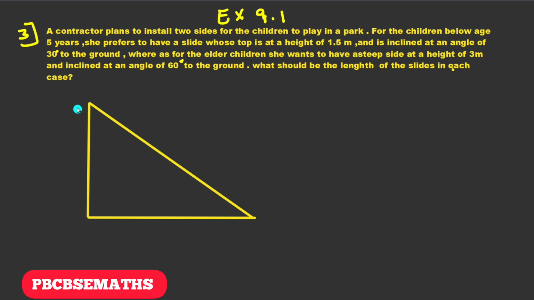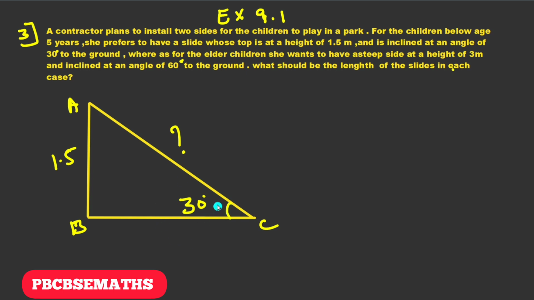So I'm going to name this as A, B and C. It is given that the length of AB is 1.5 meter and it is making a 30-degree angle to the ground, and we need to find out the length of this slide. So here we need to find the length of AC.